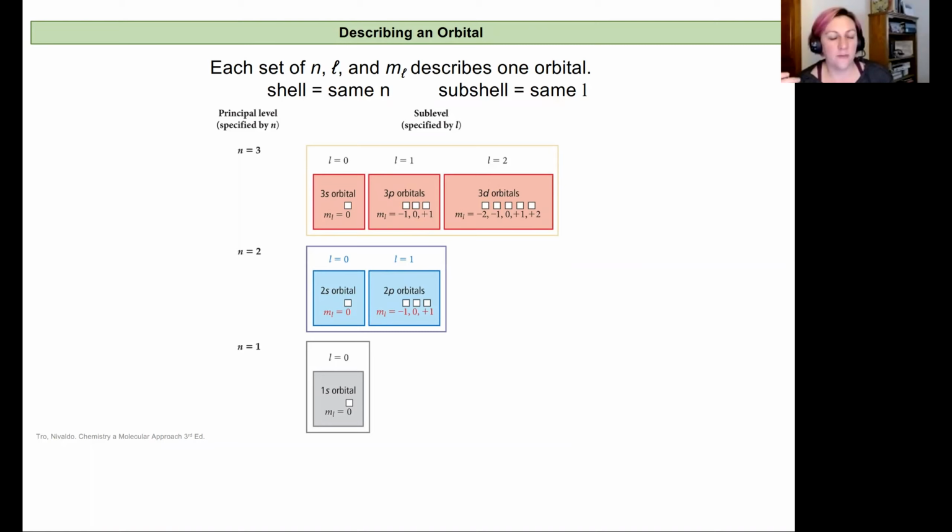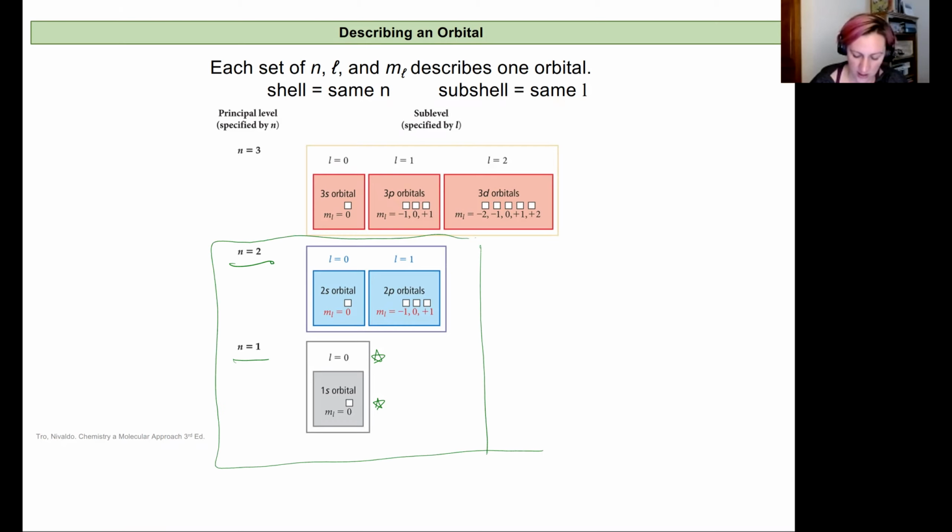So here's a way of representing all those possibilities we just discussed. If we have n equals 1, we can have L equals 0 and an M sub L equal to 0. If n equals 2, then we can have the L equals 0 and L equals 1 possibilities, so S and P orbitals. I like to think of this entire component as being available.